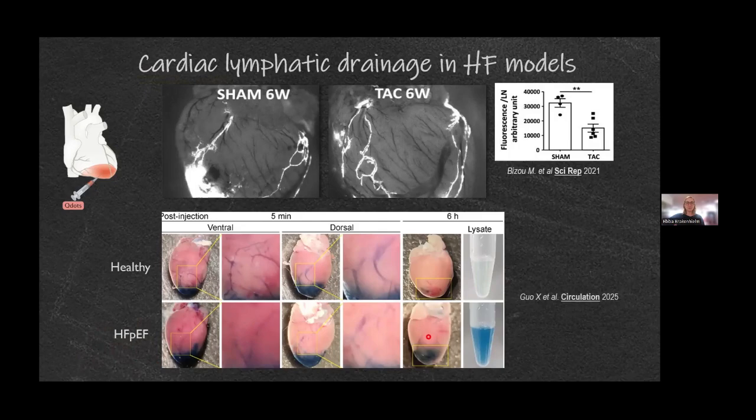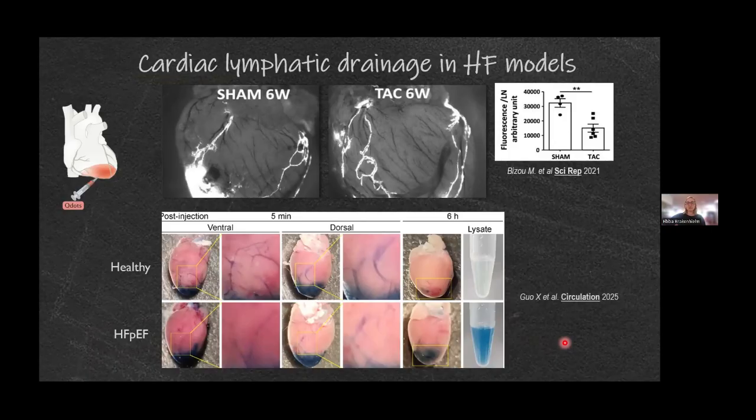There was a retention of this lymphatic tracer in the heart, which was not cleared efficiently. So taken together, this suggests that lymphatic dysfunction is something that is shared in different heart failure settings.